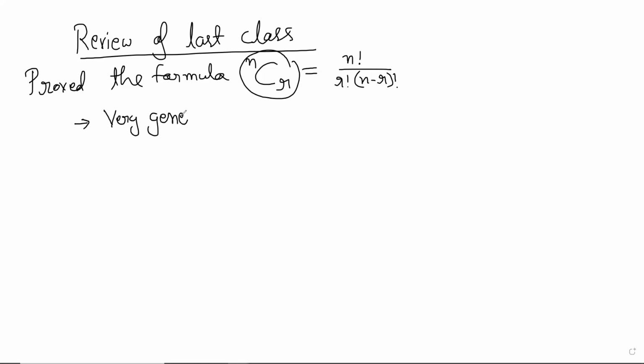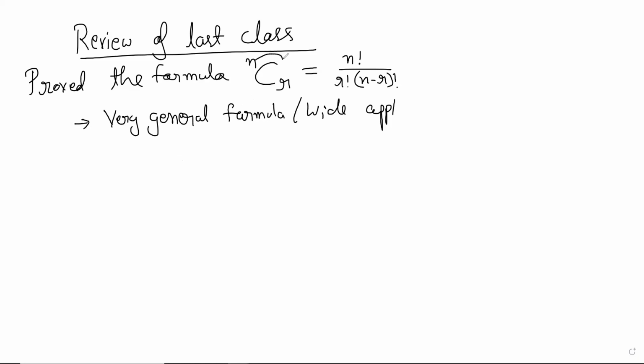It looks like a formula for choosing r people from n people, but it will be used in so many unrelated places that it's really fundamental. So it is a very general formula in the sense that it has a very wide applicability.